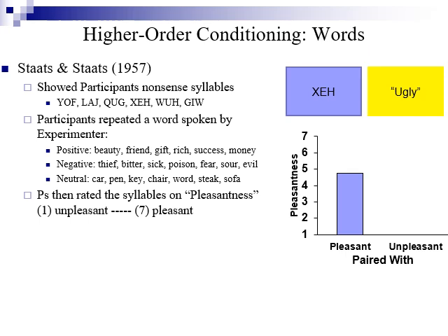Participants rated the syllables that were paired with positive emotive words like beauty, friend, gift, etc. as more pleasant than the syllables that were paired with the negative words.